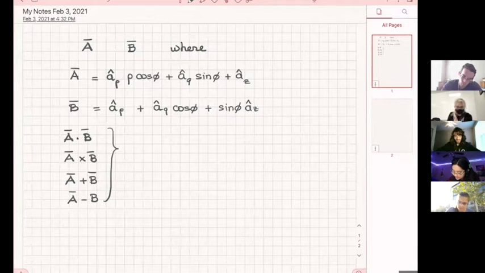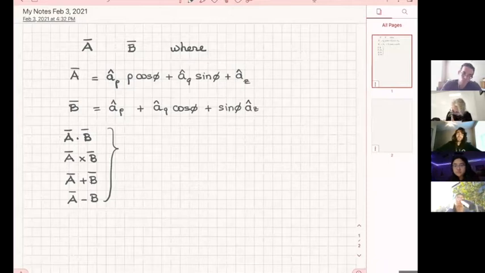Let's see. The A dot B is rather simple. What does that mean? We do the rho with the rho components, phi with the phi, z with z.